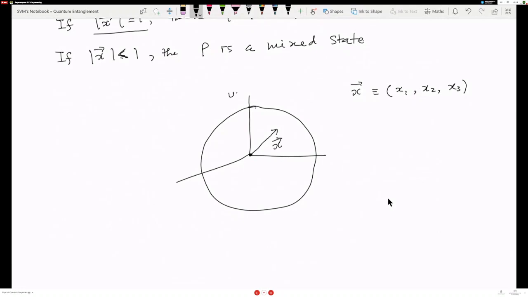Remember, this is a unit sphere, which means it has a radius 1. If the tip of this vector is reaching the surface, that means the magnitude of this vector is equal to 1, which implies the tip of the vector is on the surface.